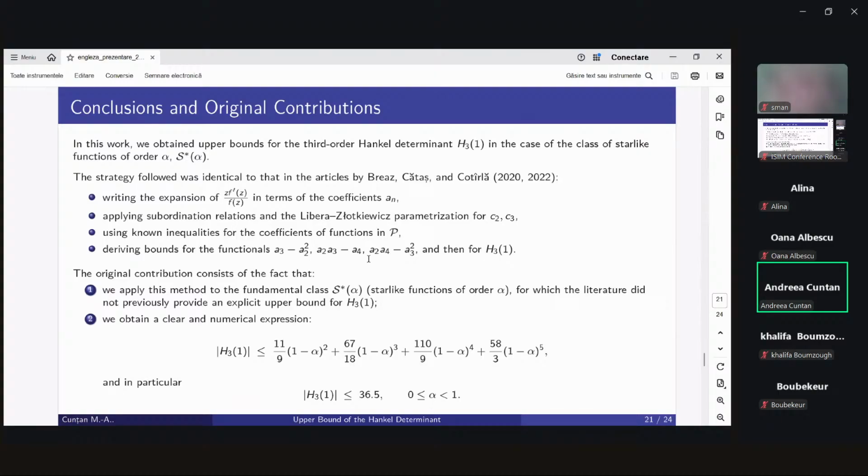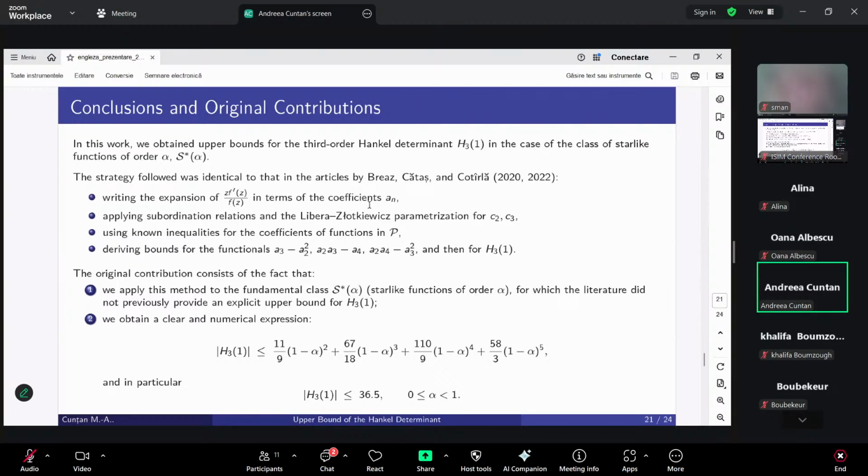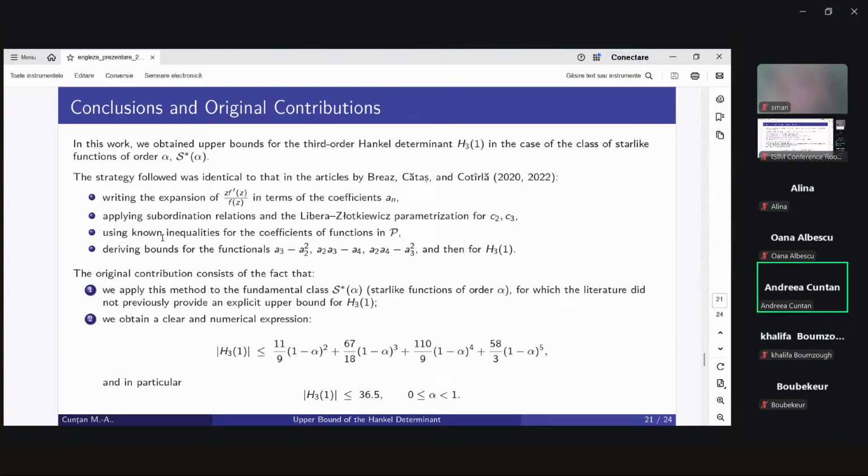The strategy followed was identical to that in the article by Babalola and Cotirla: writing the expansion of the relation in terms of the coefficients a_n, applying the subordination relation, the Libera-Zlotkiewicz parameterization for C2, C3, using known inequalities for the coefficients of functions in class P, deriving bounds for the functionals in the relation and then for H3(1).